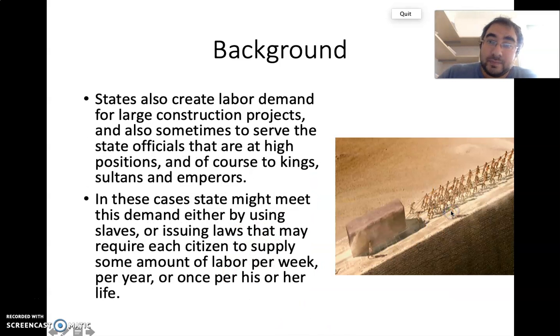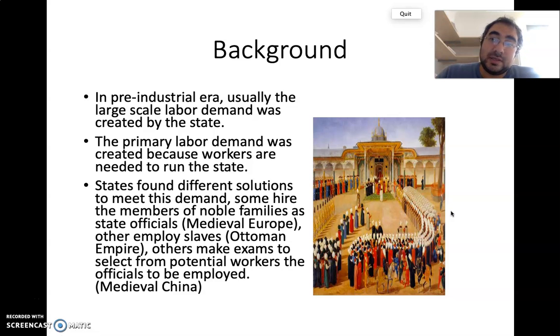Well, sometimes in very wealthy cities like Rome, for example, you might have some plantations owned by people who might demand a large amount of labor power, but usually states demand a lot of labor power, both for the bureaucracy to run the state apparatus, but also to some extent for work in some big construction projects or mines, in ancient Athens, for example.